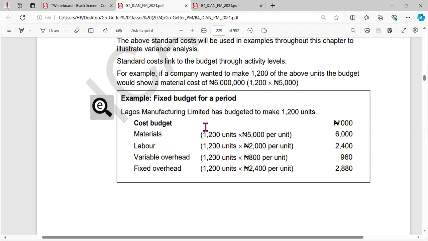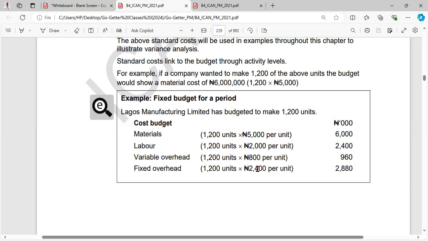Now, what will the material cost be? 1,200 units multiplied by the unit standard cost, that's 6,000. Labor will still be the same thing, 1,200 units all through, multiplied by 2,000. All of these will be multiplied. Now, fixed overhead, we are using the same 1,200.